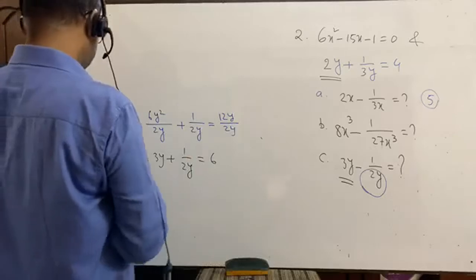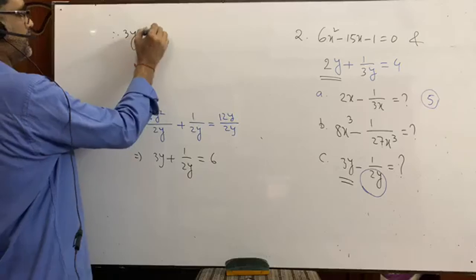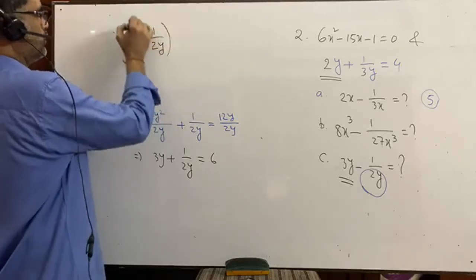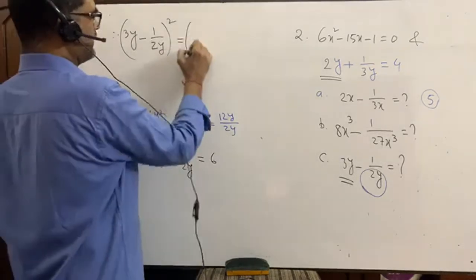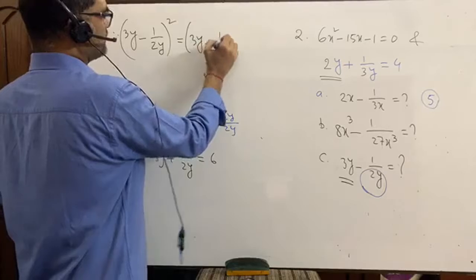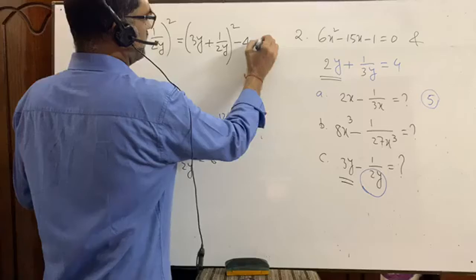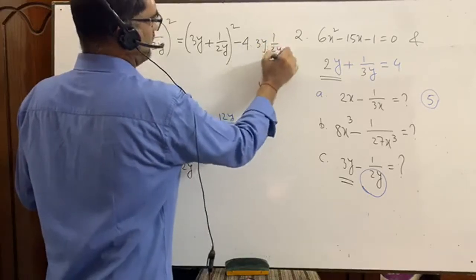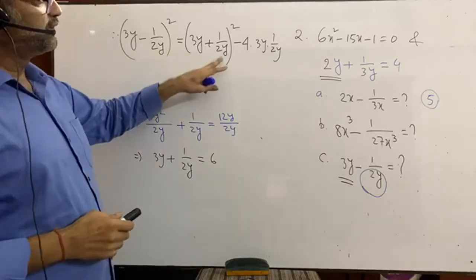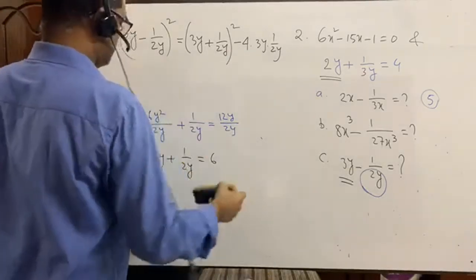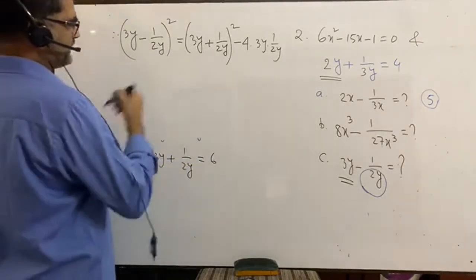You write down, therefore 3y minus 1 by 2y whole square is equal to what? a minus b whole square, its corollary is a plus b whole square minus 4ab. Its value is given as 6.